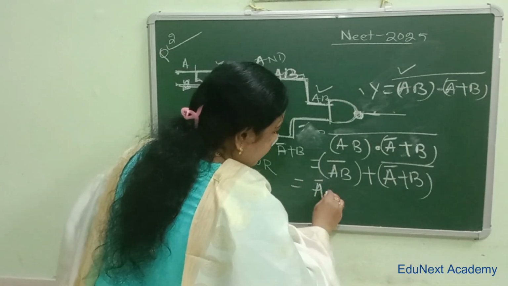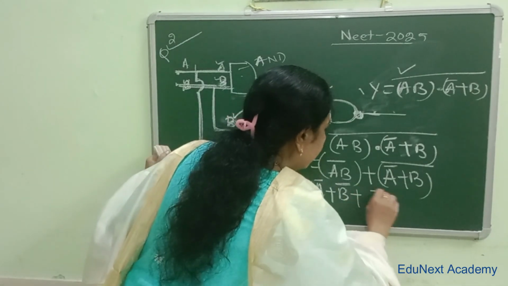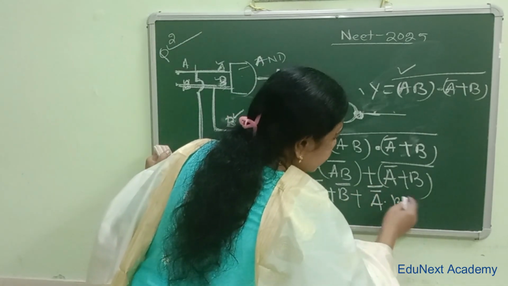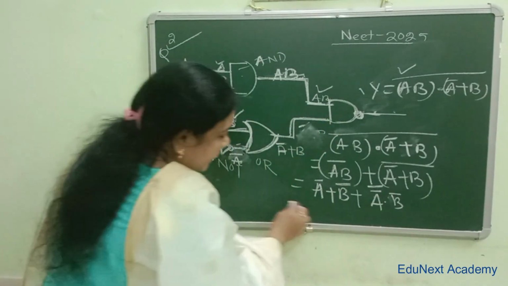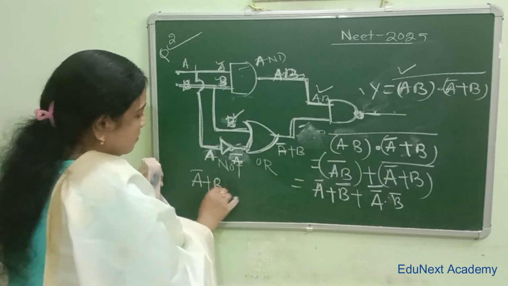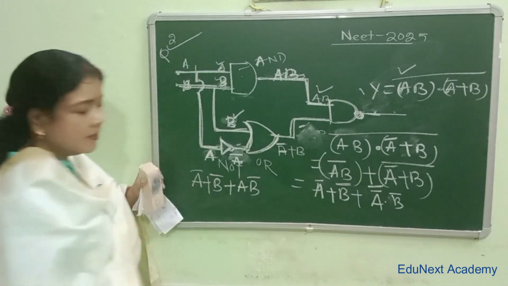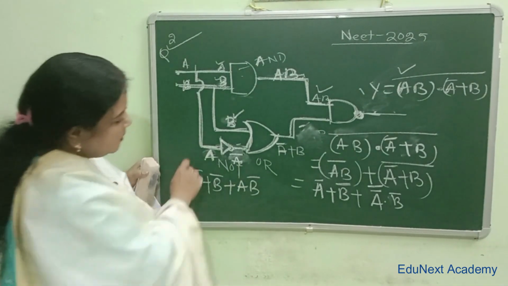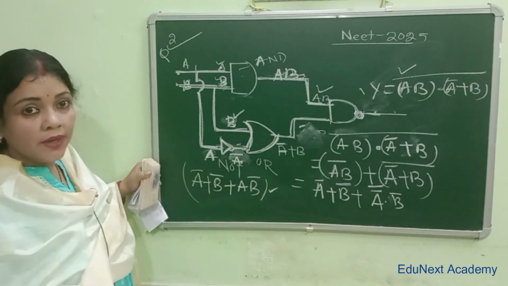That is A bar plus B bar plus A bar dot B bar. Okay. Now finally what does it come to? A bar plus B bar plus A B bar. Now from this simplified equation we have to find out what Y is.